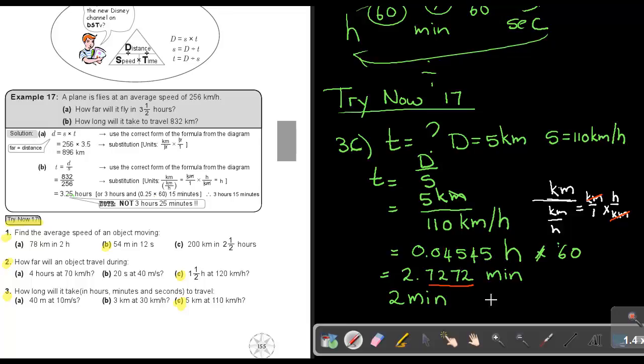And that will be 43.6, but it's 44. So we can say it's 44 seconds. So how long will it take? It will take 2 minutes and 44 seconds.